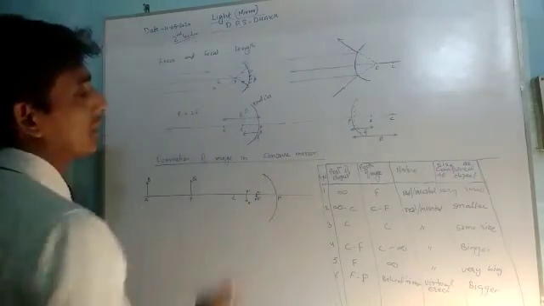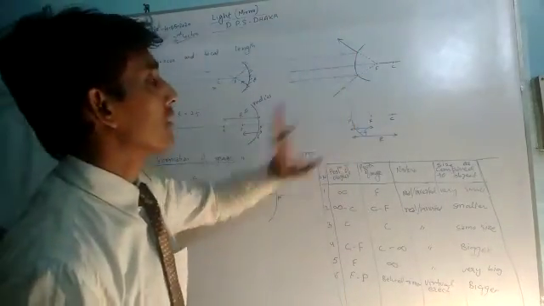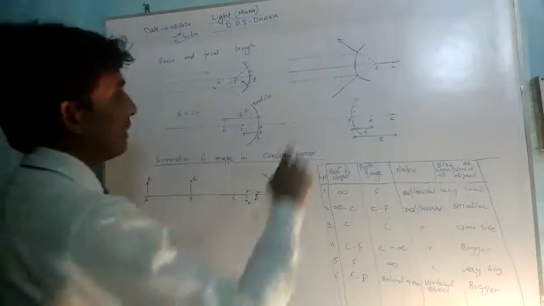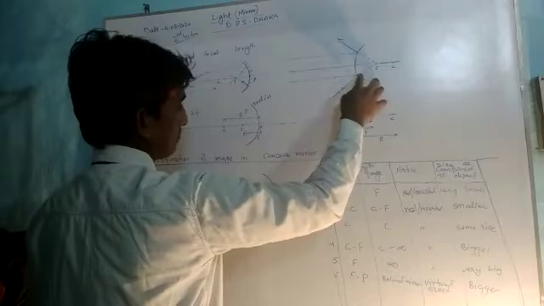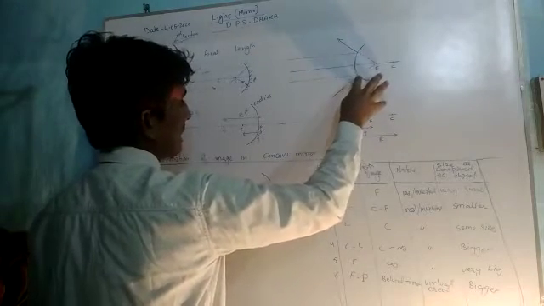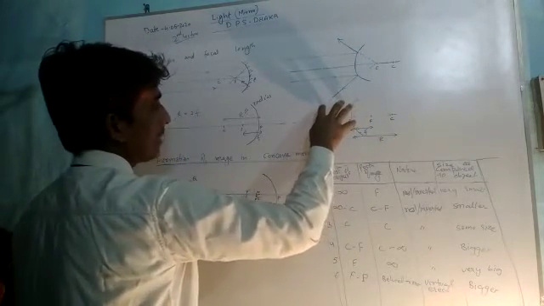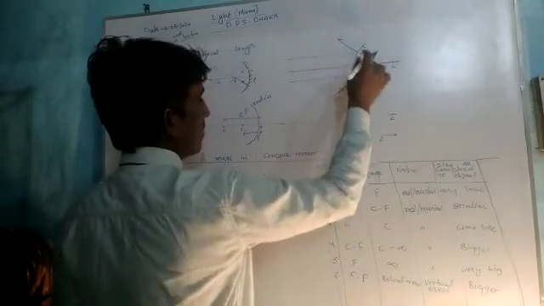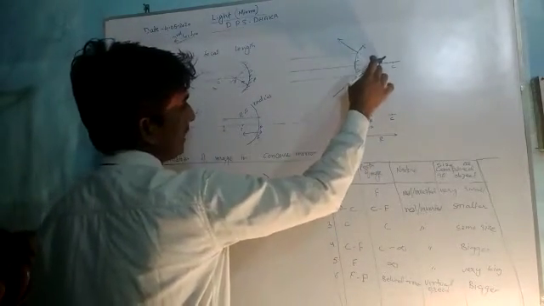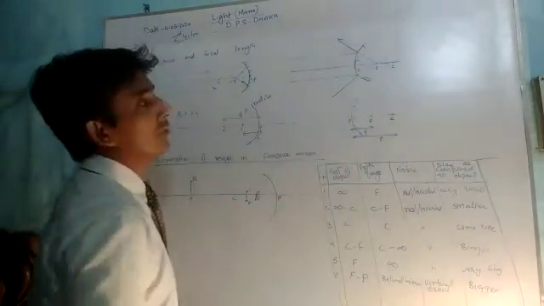This happens with both types of mirror. This is a concave mirror, and this is a convex mirror. In the convex mirror also, the ray of light going parallel to the principal axis, after reflection from the mirror, comes back but appears to meet at a point, and this point is called focus.